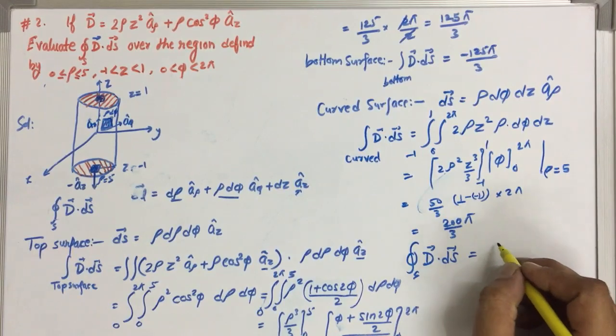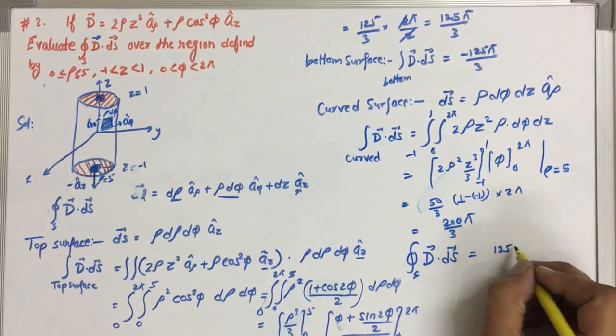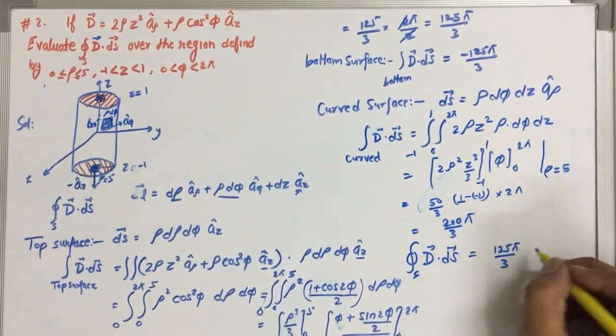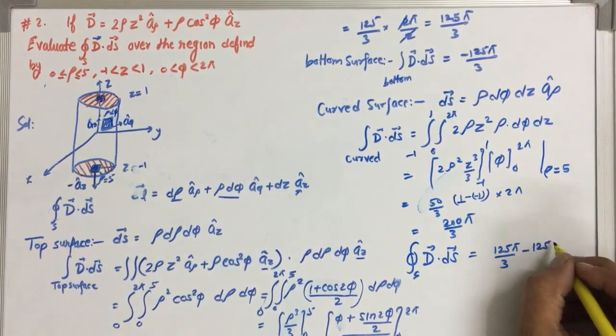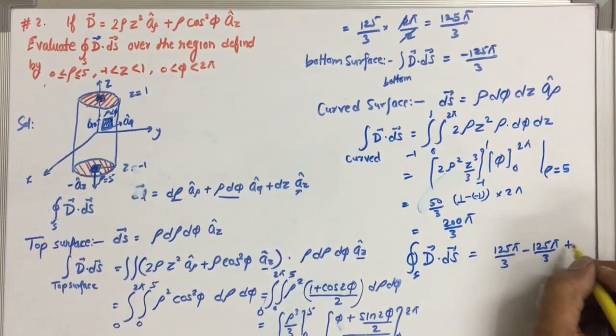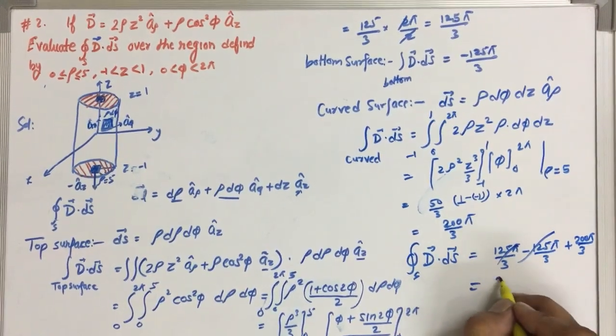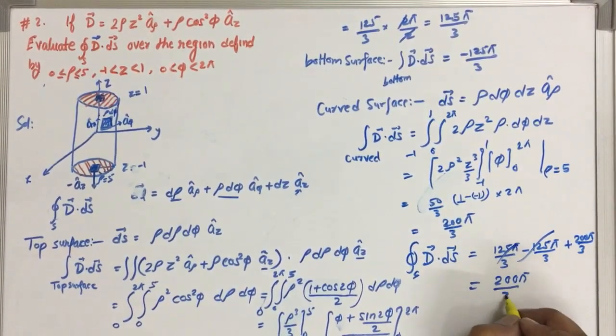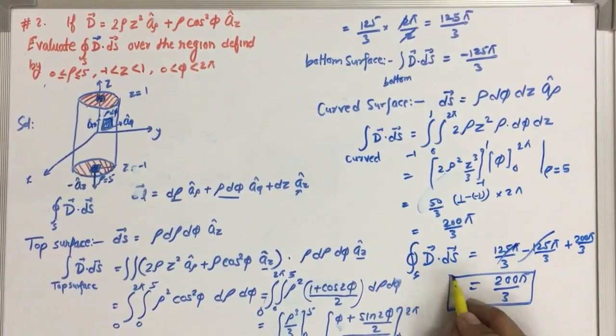It will be equal to 125 pi by 3 minus 125 pi by 3 plus 200 pi by 3. In this way, it becomes 200 pi by 3. This is our final answer. And that is it for today.